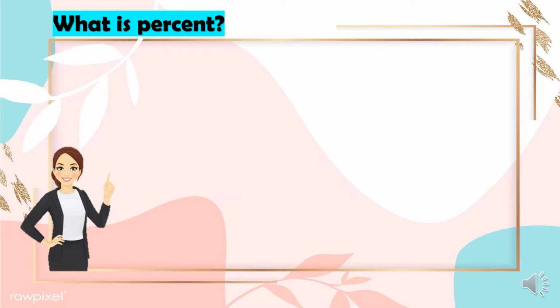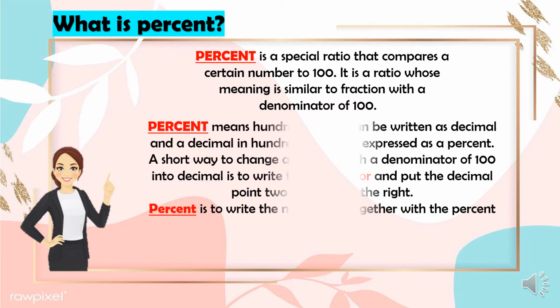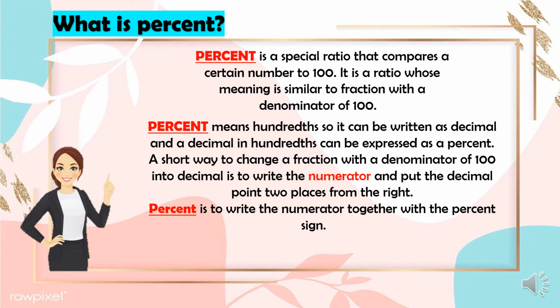Now what is percent? Percent is a special ratio that compares a certain number to 100. It is a ratio whose meaning is similar to a fraction with a denominator of 100. And percent means hundredths, so it can be written as a decimal, and a decimal in hundredths can be expressed as a percent.